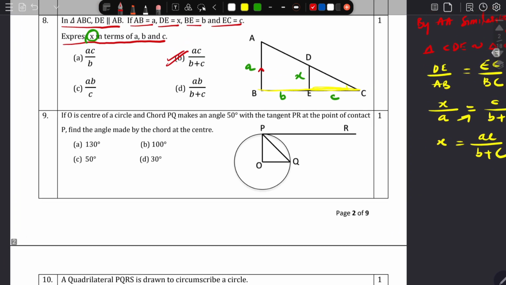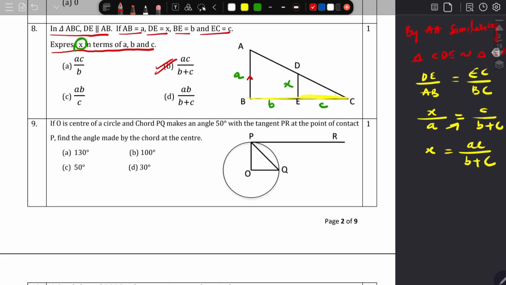Okay, come to question number 9. The question is: if O is the center of a circle and chord PQ makes an angle of 50 degrees with the tangent PR at the point of contact P, find the angle made by the chord at the center. So we need to find the angle at the center of the circle.